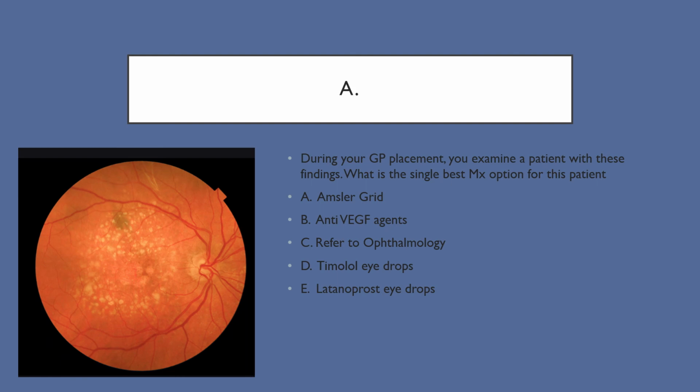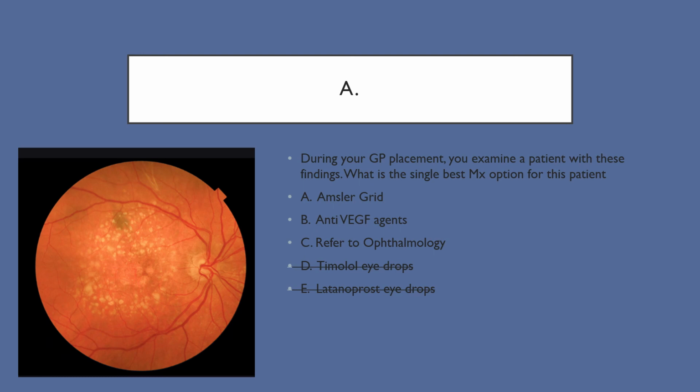Okay, let's go through the answers by process of elimination. Hopefully you would have immediately ruled out options D and E, seeing as this whole session is on AMD. Timolol is a beta blocker and latanoprost is a prostaglandin analogue. These are used topically as part of treatment for glaucoma.